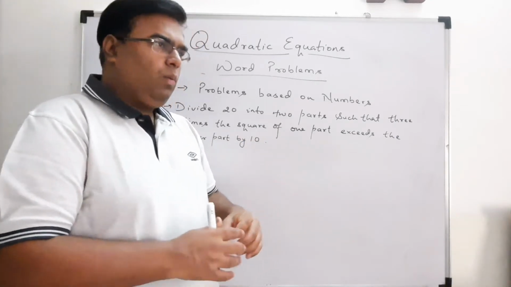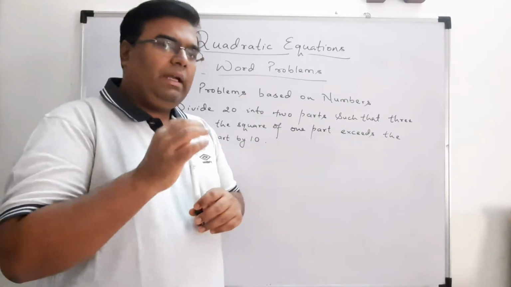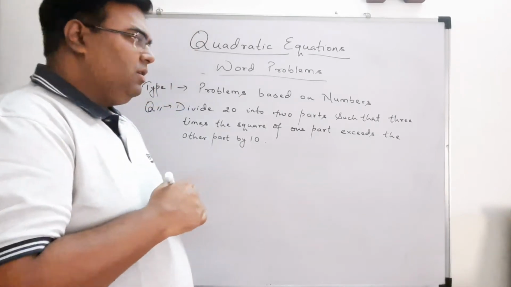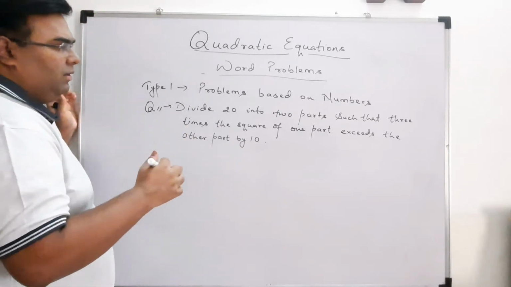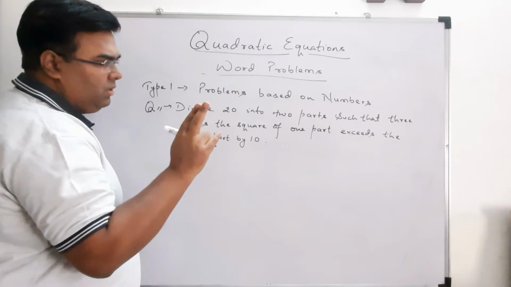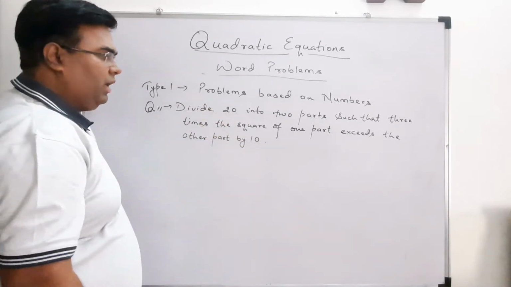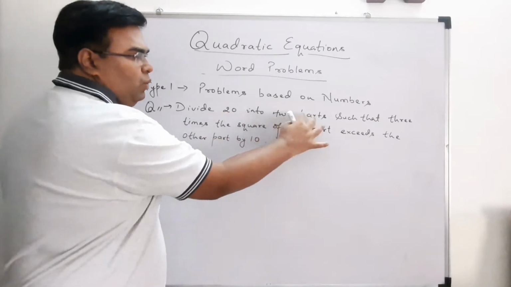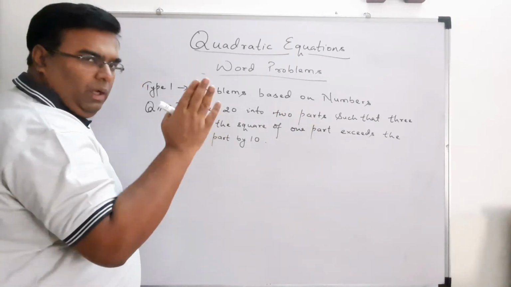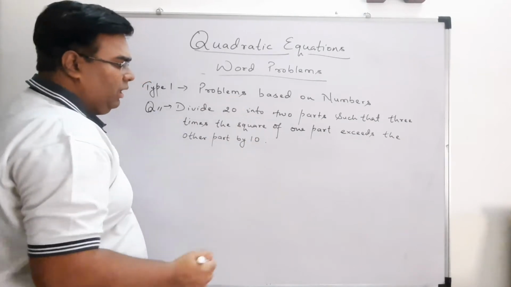Whatever unknown numbers are there, we first take as x. Here we need to find two numbers whose sum is 20. Divide 20 into two parts means their sum will be equal to 20.